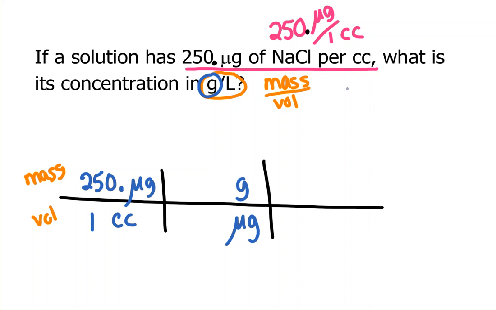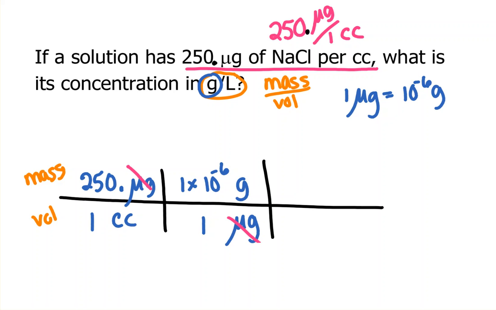And this is where you need to know your metric prefixes. 1 microgram is 10 to the minus 6 grams. Okay, and so I'm going to put that here. When I write these, I always write times 10 to the minus 6, just because that's how I enter it in my calculator. So if I stopped there, my micrograms would cancel, and I would have an answer in grams per cc.